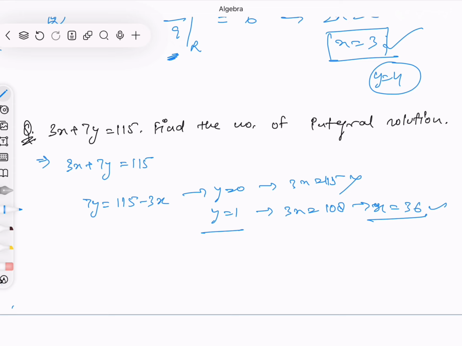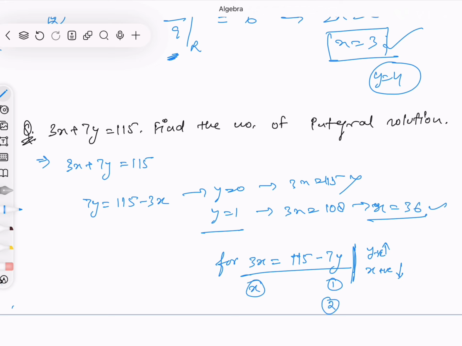Now look, one thing. For this equation, 3x equals to 115 minus 7y. Just observe. Since y is in negative, if you increase y, x, which is positive, will decrease. If I put y equals to 2, x will be lesser.